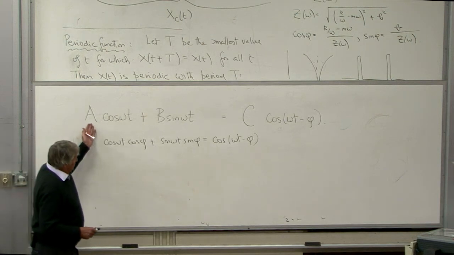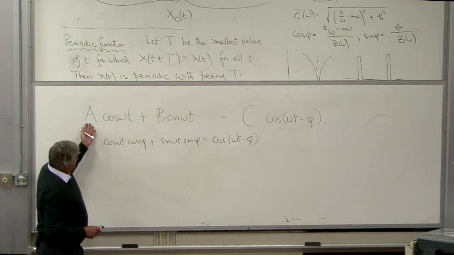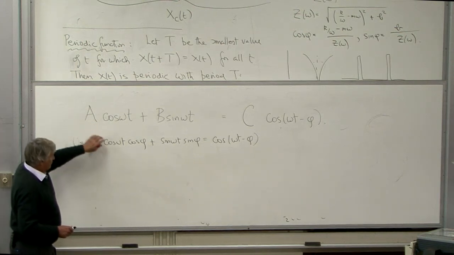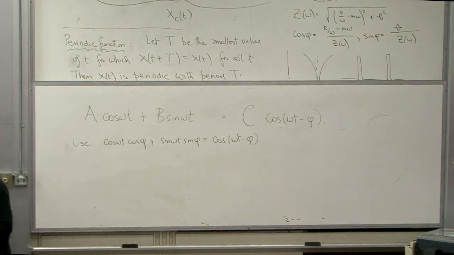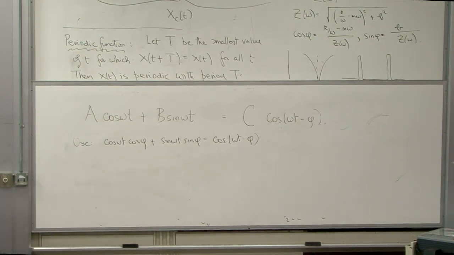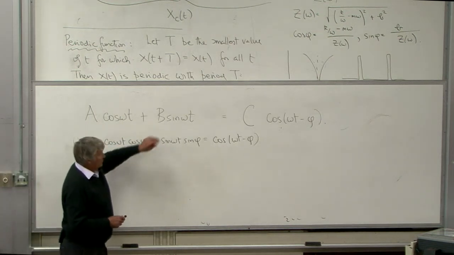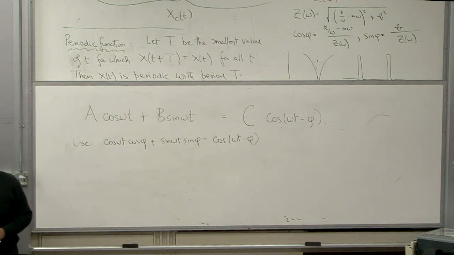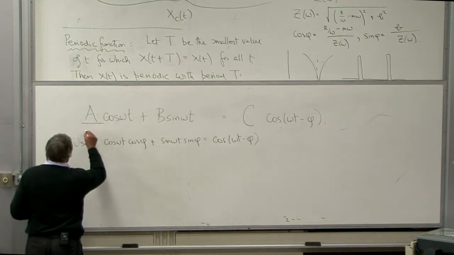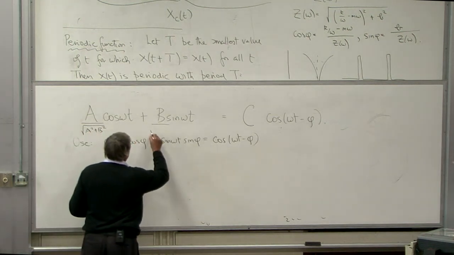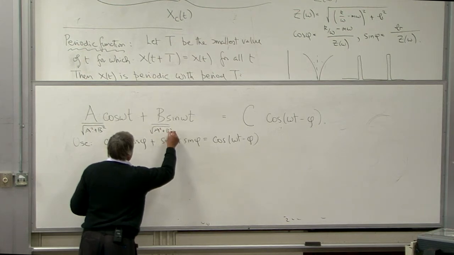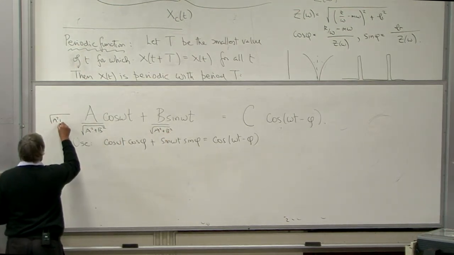But I can't always do that, because in order to identify this with cosine phi and this with sine phi, I must know that the sum of the squares of A and B is equal to 1. Cos squared plus sine squared equals 1. So generally, A and B will not have that property. But I can ensure that they have that property if I divide above and below, or multiply above and below, by the square root of A squared plus B squared.